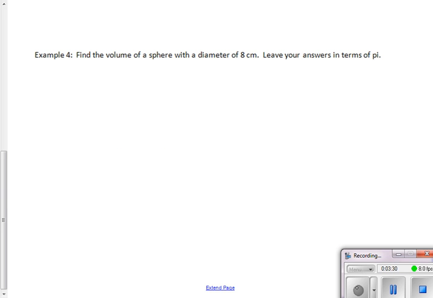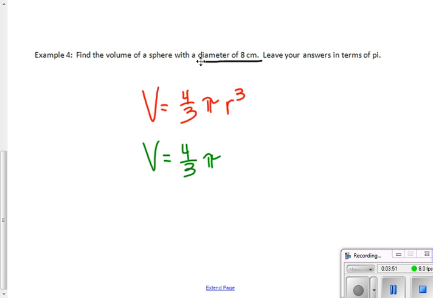Example 4, no geometric figure or diagram here. Again, leave your answer in terms of pi. We're solving for a sphere, so start out with that formula. Volume equals 4/3 pi r cubed. In for our radius, as mentioned above, it says that our diameter is 8 centimeters.